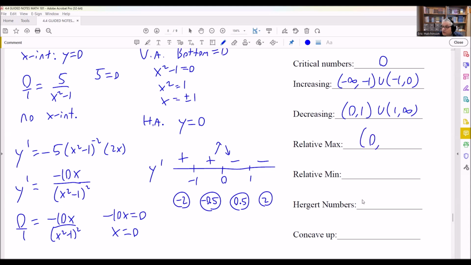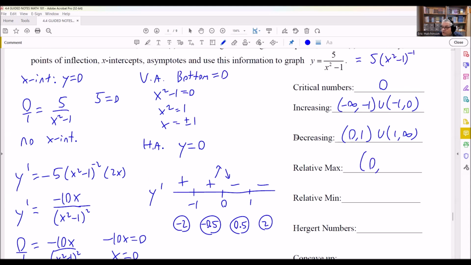Now, if we plug a 0 into the original function, relative max again always uses the original function. So if you put 0 in there, we have 5 divided by -1, so we get -5. So the relative max here is going to be (0, -5). Now, relative min, we actually have to put DNE here, because that does not exist. We don't have a minus going to a plus. So because of that, it's DNE for relative min.